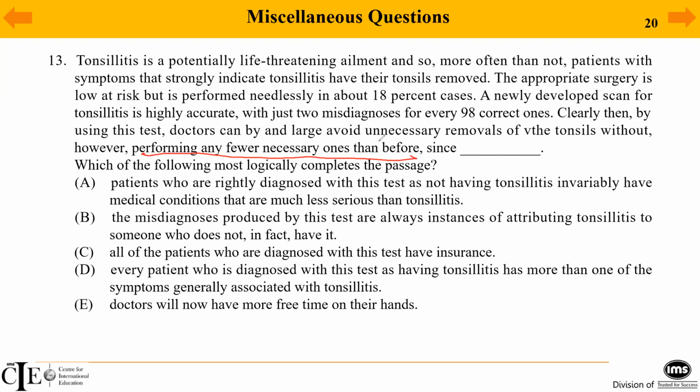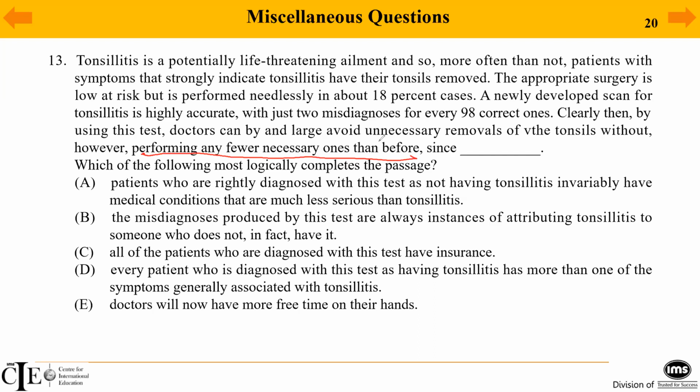A is talking about other conditions, yeah. Sarth, sorry. Did anyone give the answer? Abhishek, did you give the answer? Sarth.